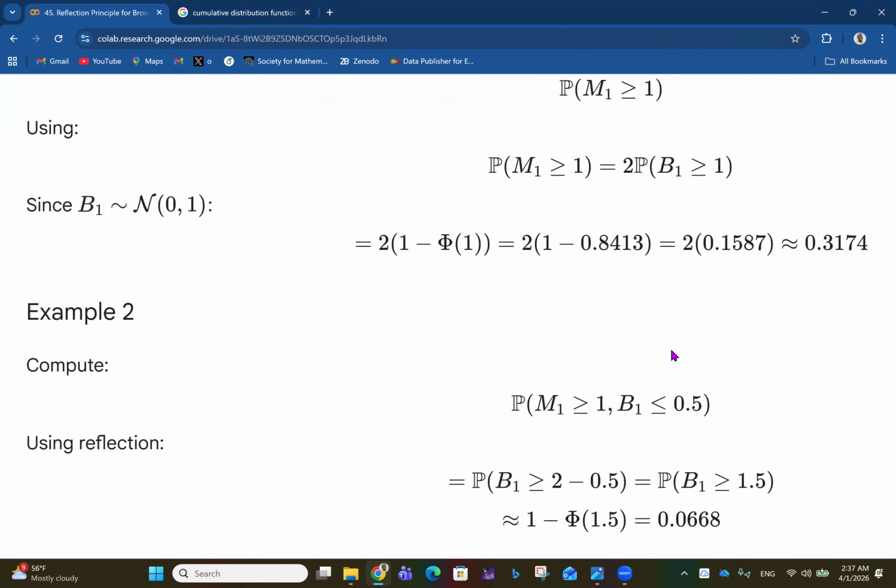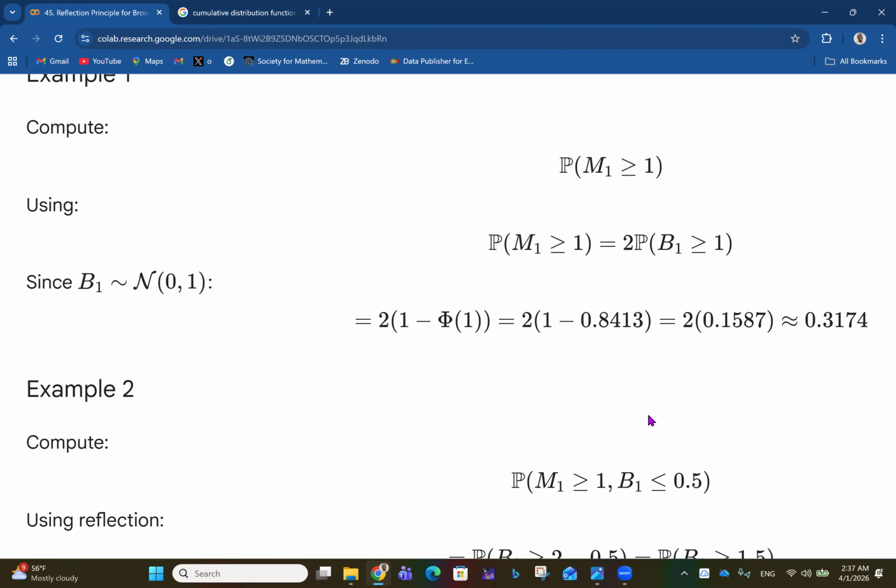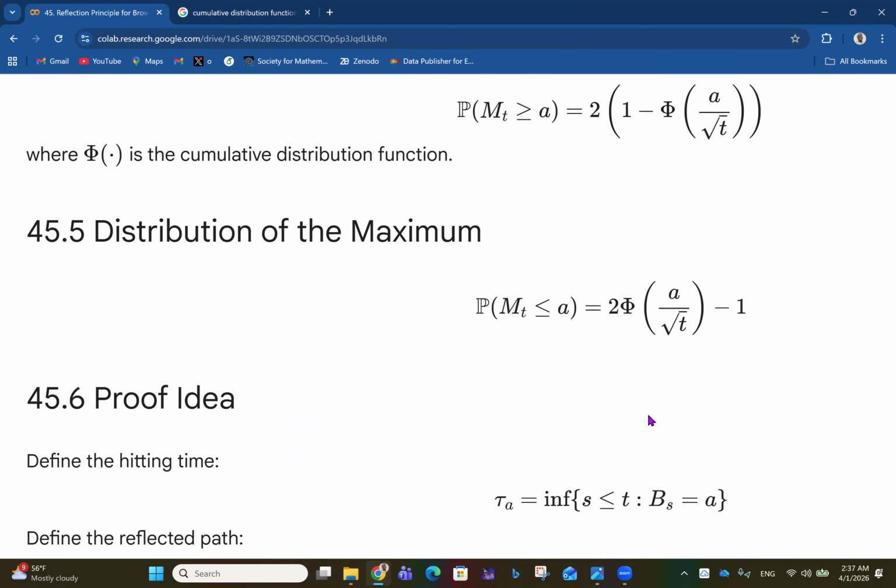Now we have example 2, where we want to compute the probability that M1 is greater than or equal to 1 and B1 is less than or equal to 0.5. Using reflection, this is the probability that B1 is greater than or equal to the sum of the two.